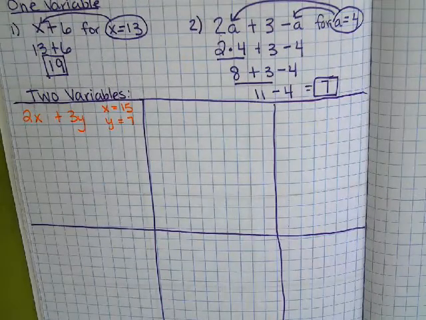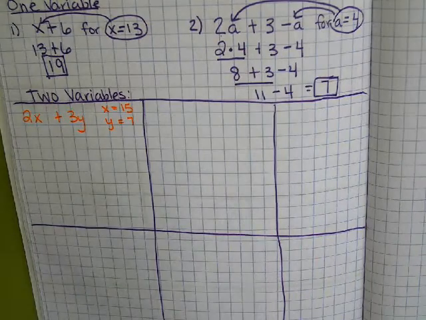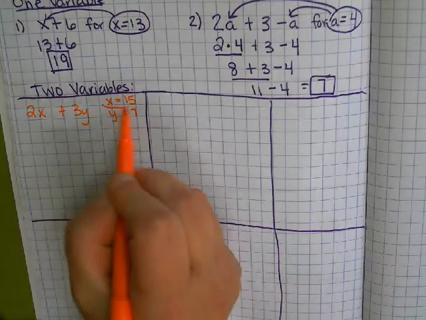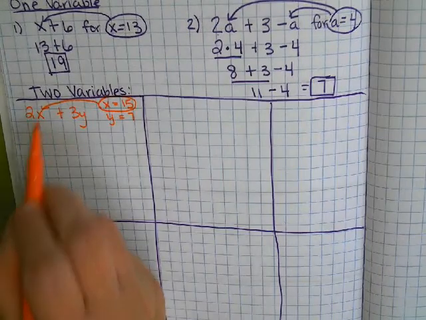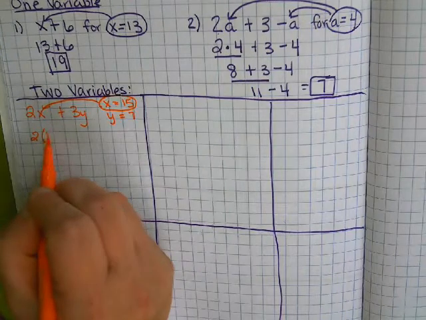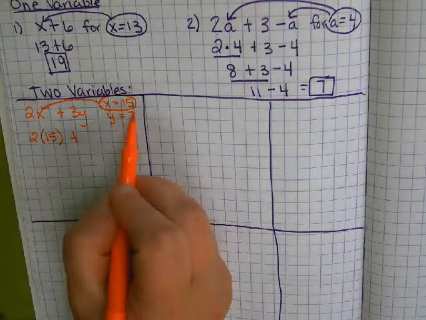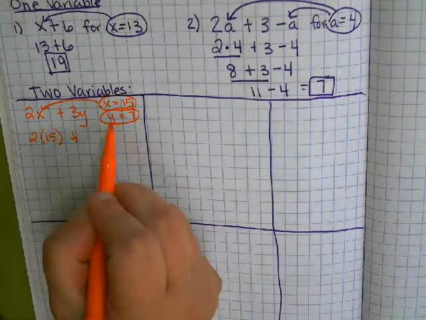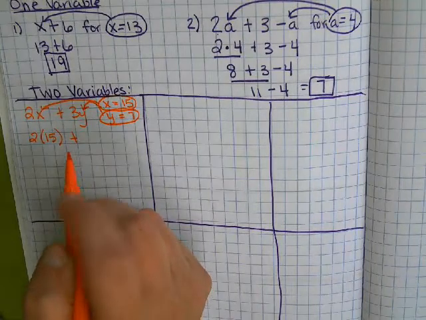So the one thing you have to do is make sure you plug into the right spot. So we got to substitute in the 15 where x goes. And remember, a letter and a number touching means multiplication. And one way we can show that is with parentheses. Plus, once again, we're going to take that 7 and put it where y is. That is not 37. That's one of the biggest mistakes that's made.